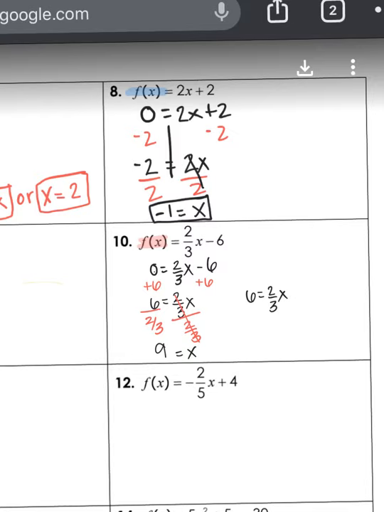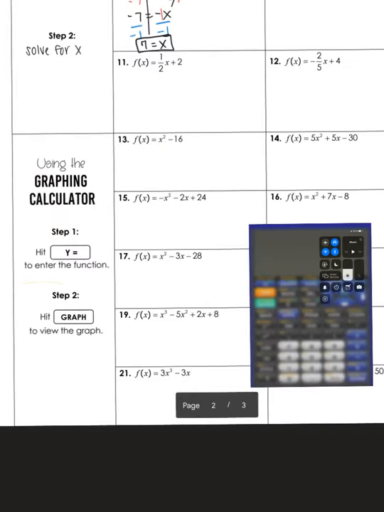Or, because it's a fraction, you could multiply by its reciprocal, and what you do to one side, you need to do to the other. So 3/2 times 6 equals 9, so 9 equals x. You get the same solution. You can either divide by the fraction or multiply by its reciprocal.